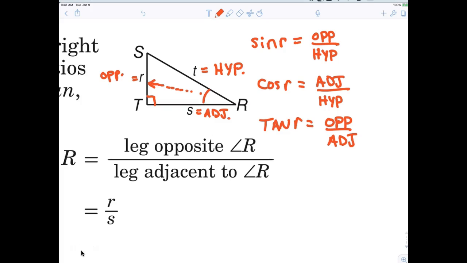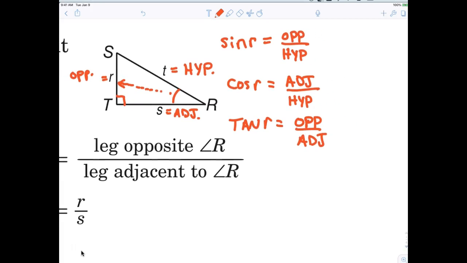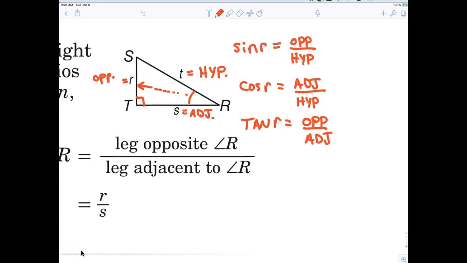Now, you don't have to write that down yet because I'm going to do one more. Sine, cosine, tangent is sometimes abbreviated as SOHCAHTOA. I like to write it as SOH CAH TOA.